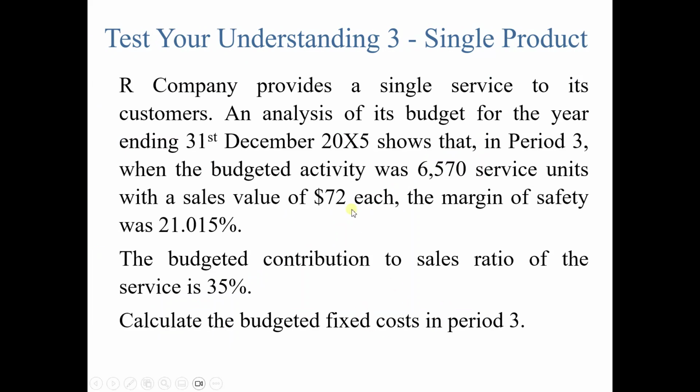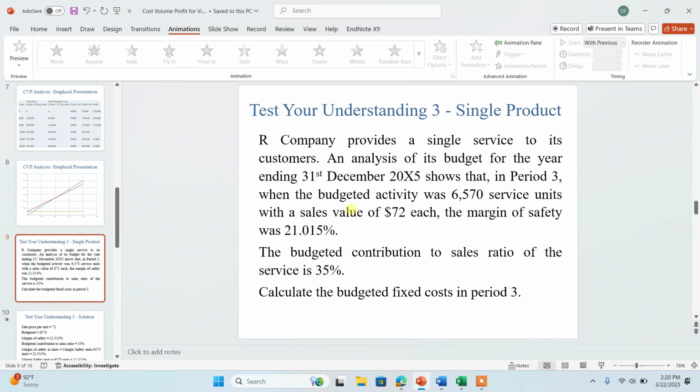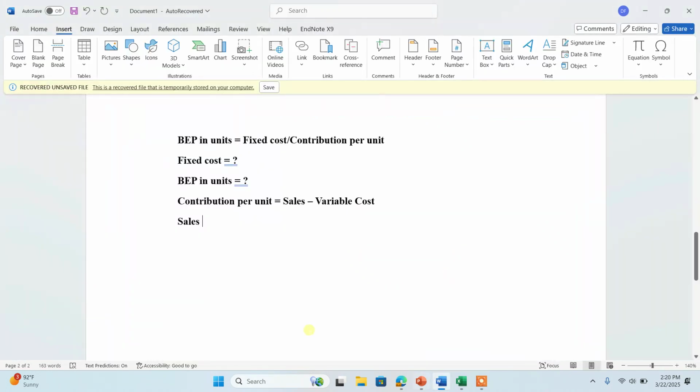The sale value is given, but variable cost is not given. Sale is 72. Now, my dear, to find out this fixed cost, we need to do some reverse engineering. We need the break even point. We need the variable cost also. So now we need to play with this formula and extract the information of the break even point and then the variable cost. If I get this value, I can calculate the fixed cost.